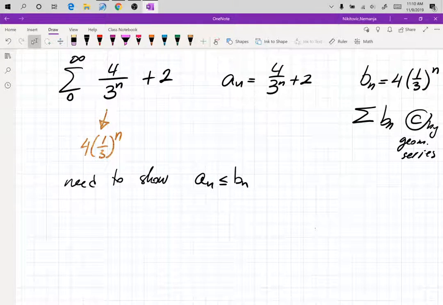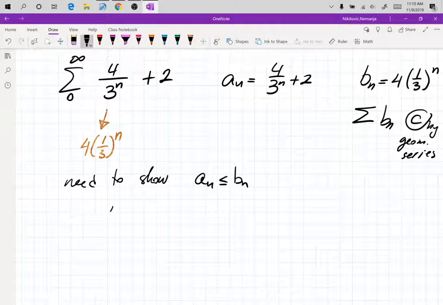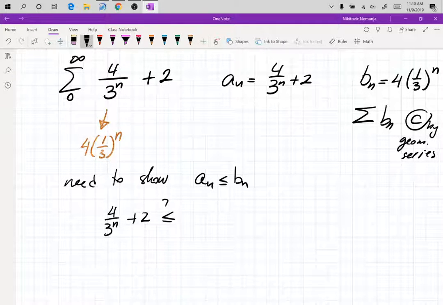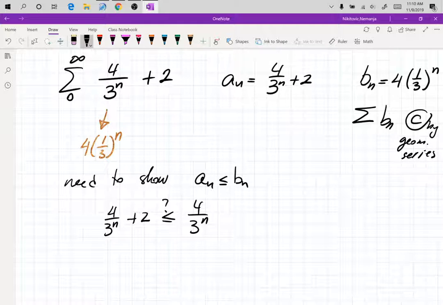So what do I have? 4 over 3 to the n plus 2 needs to be smaller or equal than 4 over 3 to the n. I need a minus here, changing the problem into a minus.